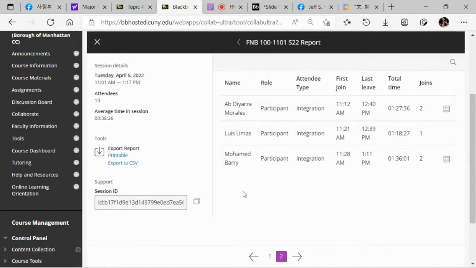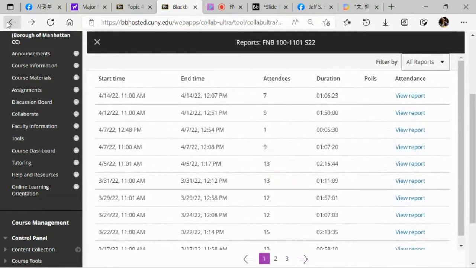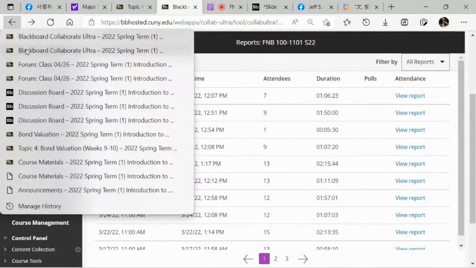I need this to be in alphabetical order so I can compare it with the roster. That's why I only do this selectively, when I have a suspicion that some people are playing hooky. But that doesn't mean you can take advantage of that, right?